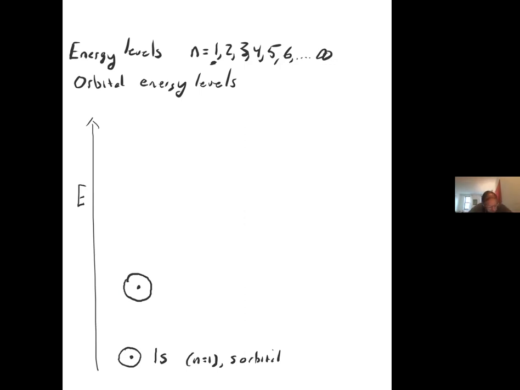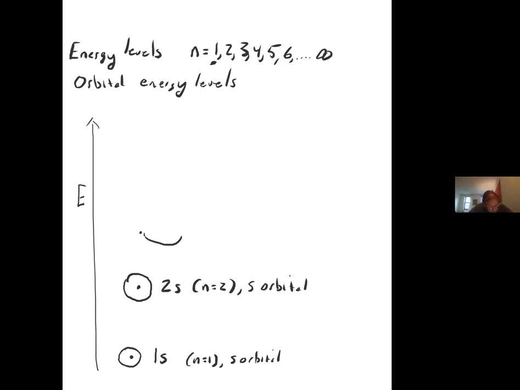So this is 2, and the shape is the same, right? So it's a 2s. So here we're claiming n equals 2. And again, it's an s orbital, right? Now, the third orbital, a little bit higher in energy, is a 2p orbital.